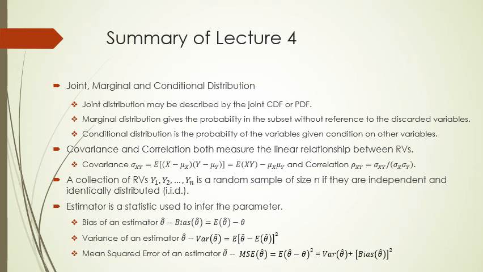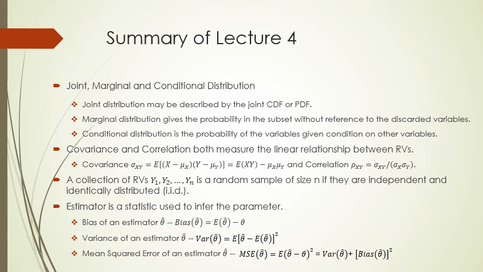If two random variables x and y are independent, then their joint distribution is the product of their marginal distributions, or equivalently, the conditional probabilities are equal to their marginal probabilities. Covariance and correlation both measure the linear relationship between random variables.